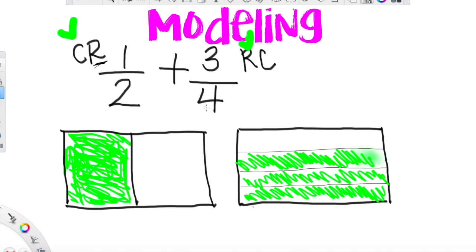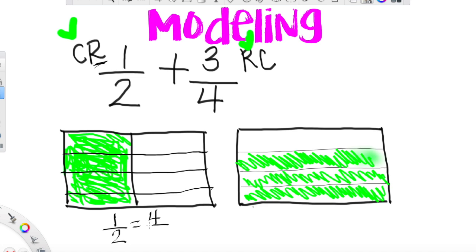Well, we're putting 4, because the denominator in 3/4 is 4. So you can see me here putting 4 rows on top of our 2 columns, thus revealing that 1/2 is also equal to 1, 2, 3, 4 out of 8, because this rectangle is now divided into 8 pieces. So cool.